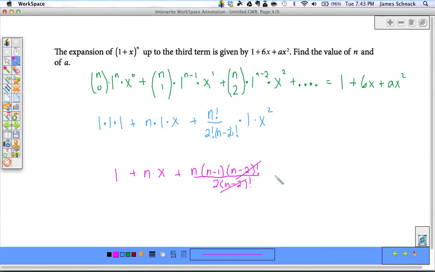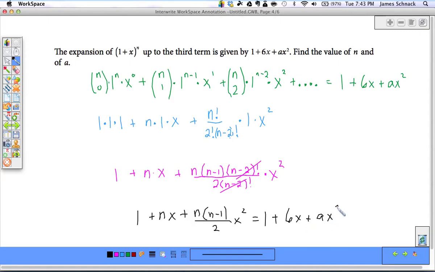And boom, those are gone, times x squared. So this becomes 1 plus nx plus n times n minus 1 over 2 x squared, and that has to equal 1 plus 6x plus ax squared.